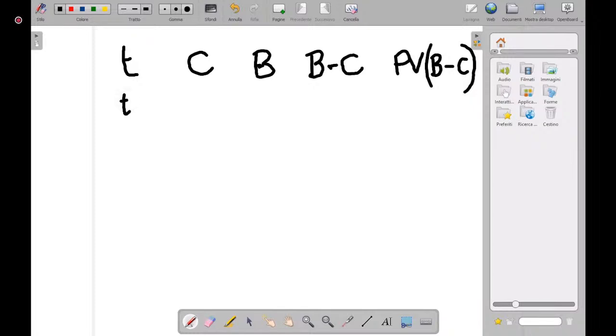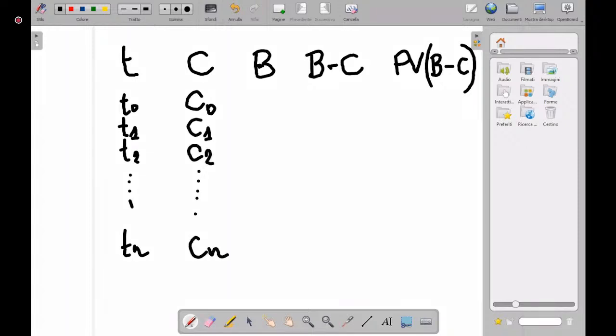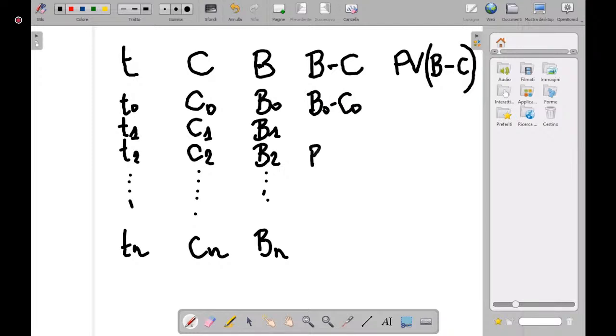So if you have time 0, time 1, time 2, time n, cost at time 0, cost time 1, cost time 2, cost time n, benefit time 0, benefit time 1, benefit time 2, benefit time n, benefit 0 minus cost 0, benefit 2 minus cost 2, benefit n minus cost n.